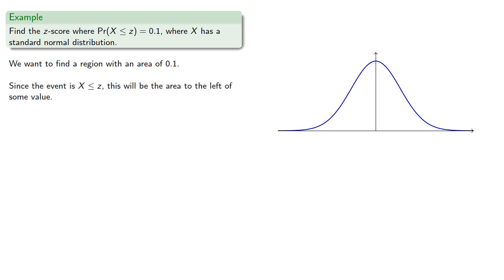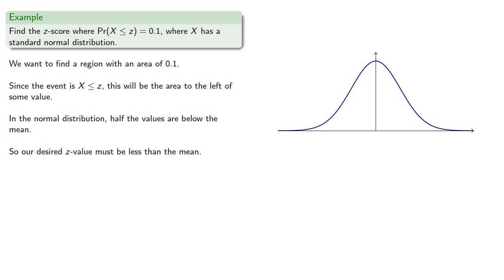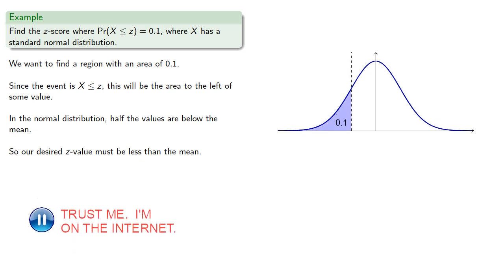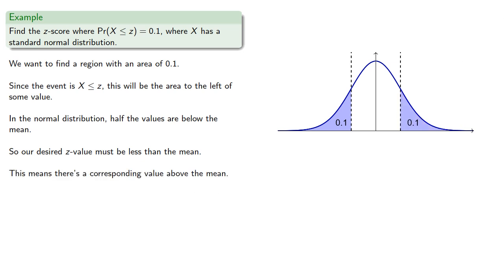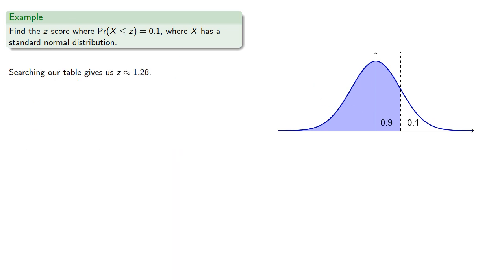Again, in the normal distribution, half the values are going to be below the mean. So our desired z-value must be someplace over here less than the mean. This means there's a corresponding value above the mean with the same area, where the area to the left is 0.9. Searching our table gives us z approximately 1.28.